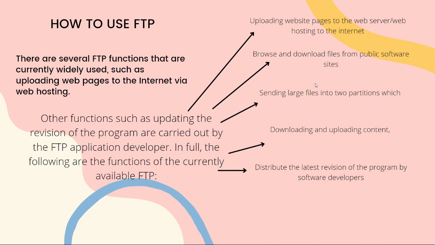Okay, browsing and downloading files from public software sites, such as coursework, to an FTP server, and then sending large files into partitions, which may be too large for an attachment, and then downloading and uploading content, and distributing the latest revision of the program by the software developer.